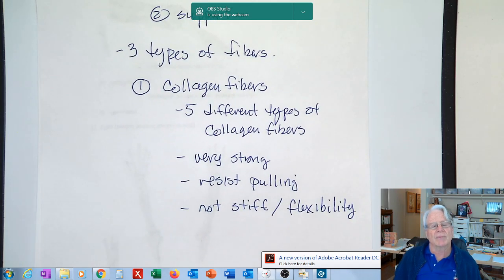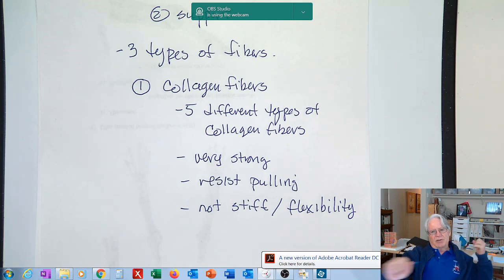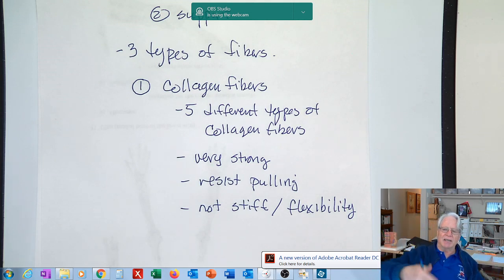So think of a long, thin rod of steel. Very long, thin rod of steel. Now, if I had 2 people at each end of that steel rod, and they tried to pull and stretch the steel rod, they couldn't do it. The steel rod does not stretch, so it resists pulling. But there's flexibility. I can get wave-like action depending on how long and how thick that bar is. So it's flexible, but it doesn't stretch.